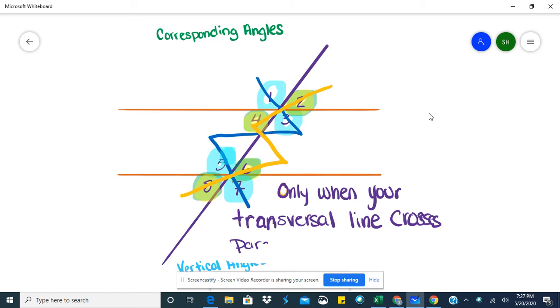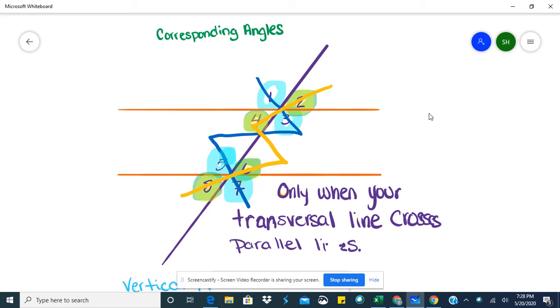If your lines are not parallel, then your angles will not be corresponding. Okay, so parallel lines only have, with the transversal, only have corresponding angles.